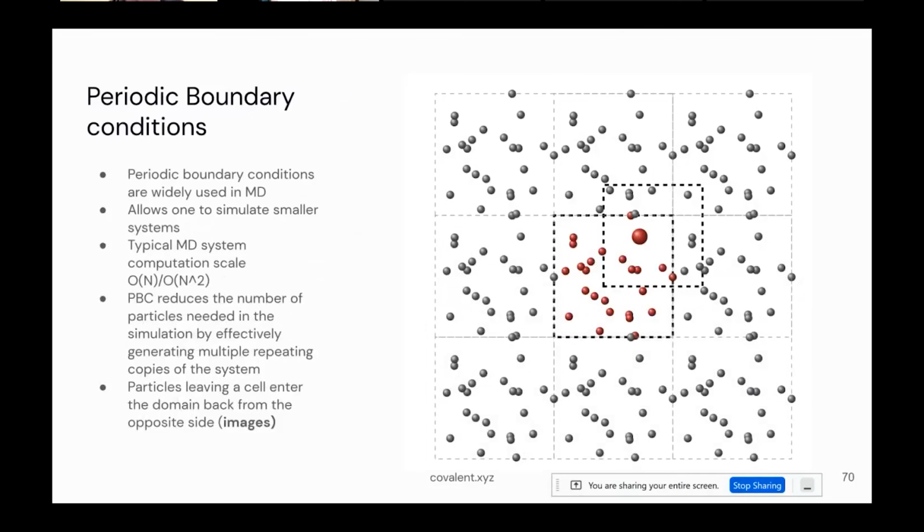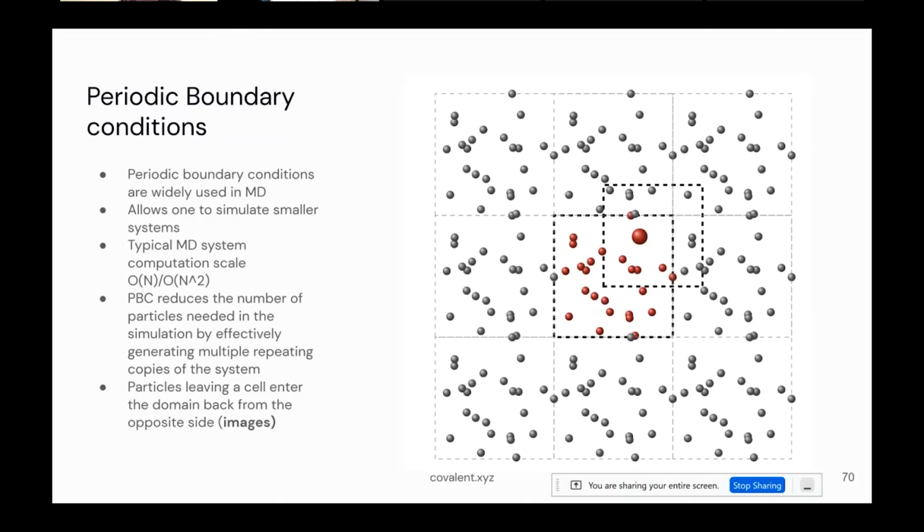A bit of a blurb on what PBCs are: they're used extensively in molecular dynamics simulations. The reason being, to simulate any physical system out there, we'll have on average an Avogadro number of particles in it, that's 10 to the 23. That's computationally impossible for any machine to simulate. So the trick is to study a small enough sample in a way that is representative of the entire system, and periodic boundary conditions allow one to do that.